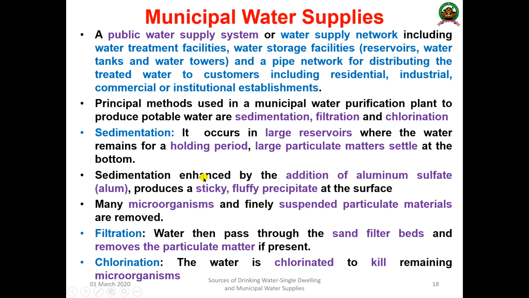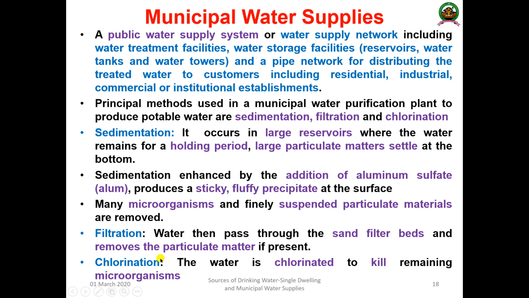Then those materials which are not removed by the sedimentation process undergo filtration, where water is passed through sand filter beds, which removes the other particulate materials that were not removed in sedimentation.